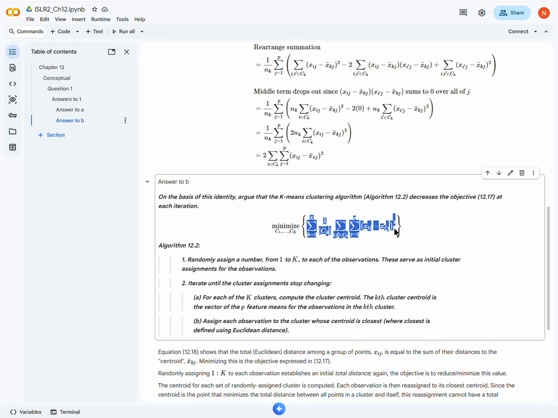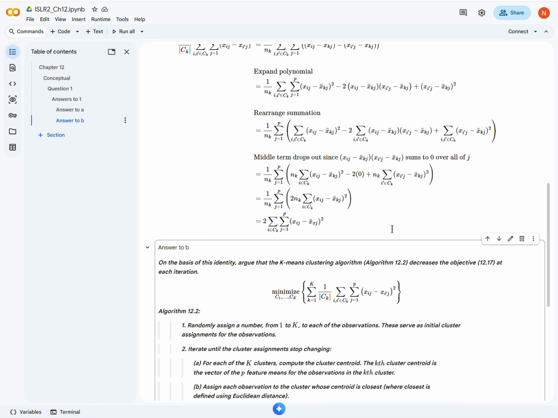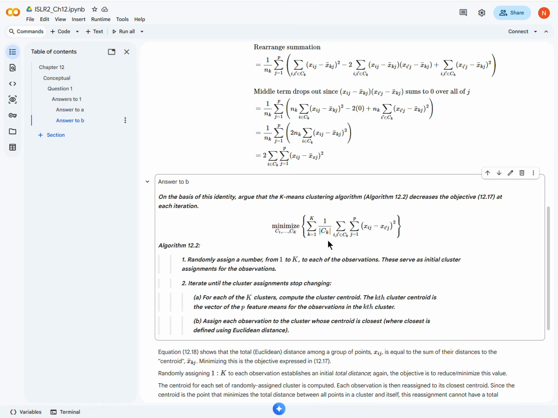Well, if we don't sum over, each one of these terms right here is the within cluster variance of some cluster, the kth cluster, and we take that over all clusters. We sum that, and then we want to minimize that. Okay, so that's what's happening. That's the objective.